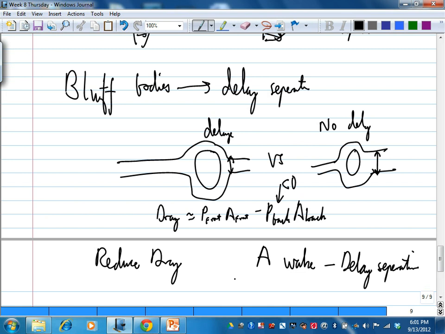The wake area, this region, has very negative P. The pressure in the wake is very negative. It's a very low suction.